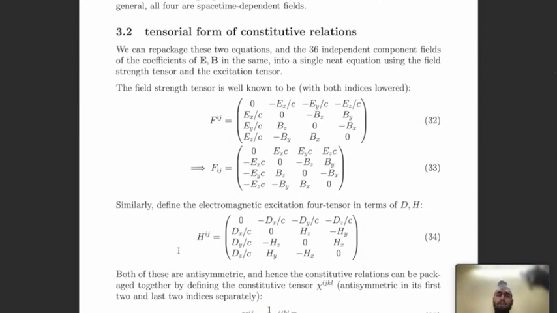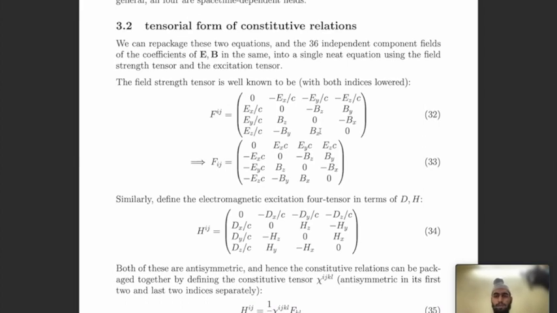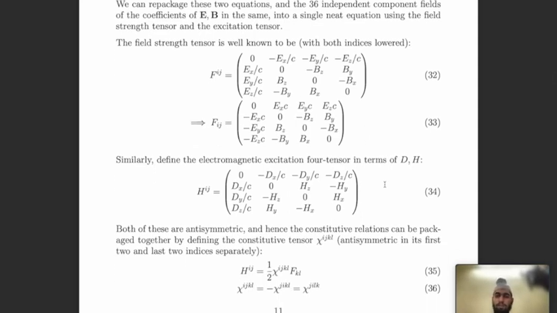Now it becomes much simpler to work with these relations if we package them into a tensorial form. For that, we first introduce the field strength tensor, which is very standard in electromagnetism. It has both indices raised form and both indices lowered form, and very similarly we define the electromagnetic excitation tensor, essentially replacing E with D and B with H in the field strength tensor will give you this electromagnetic excitation tensor.